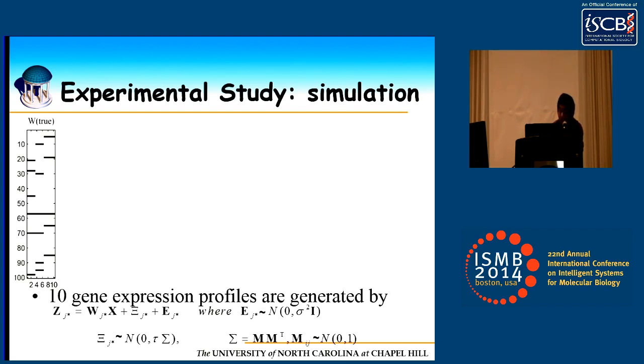The subfigure shown here stands for the ground truth input for the association matrix. The x-axis stands for the gene expression, and the y-axis stands for SNP. Here we have 100 SNPs. Obviously, we can see that there exist three groups of genes.